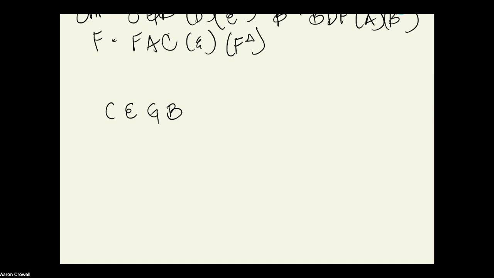So let's look at all of our inversions of this. Okay, so we got C. First inversion would be E, G, B, C. Second inversion, G, B, C, E. And third inversion, B, C, E, G. Right?